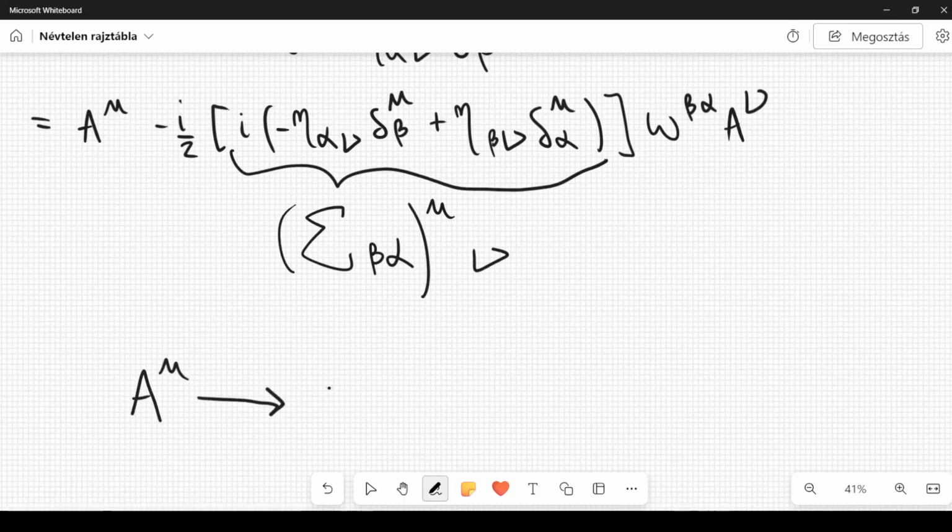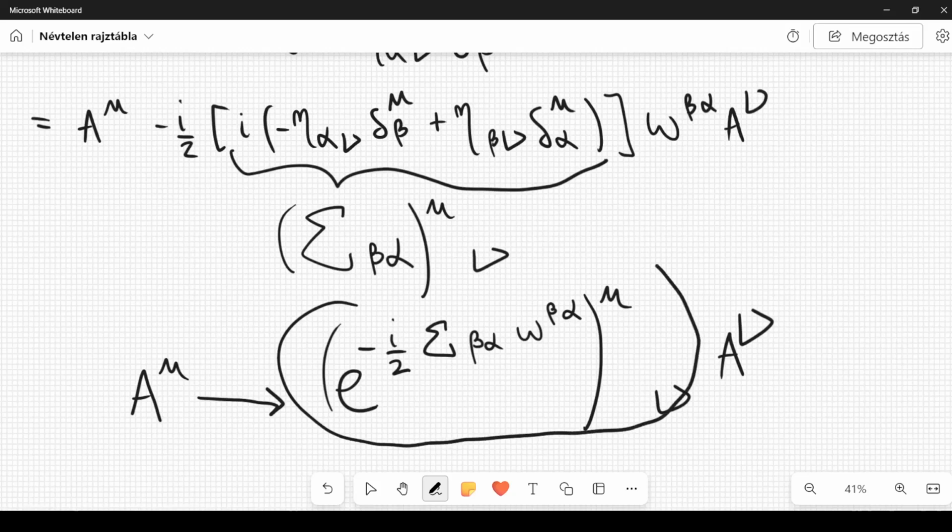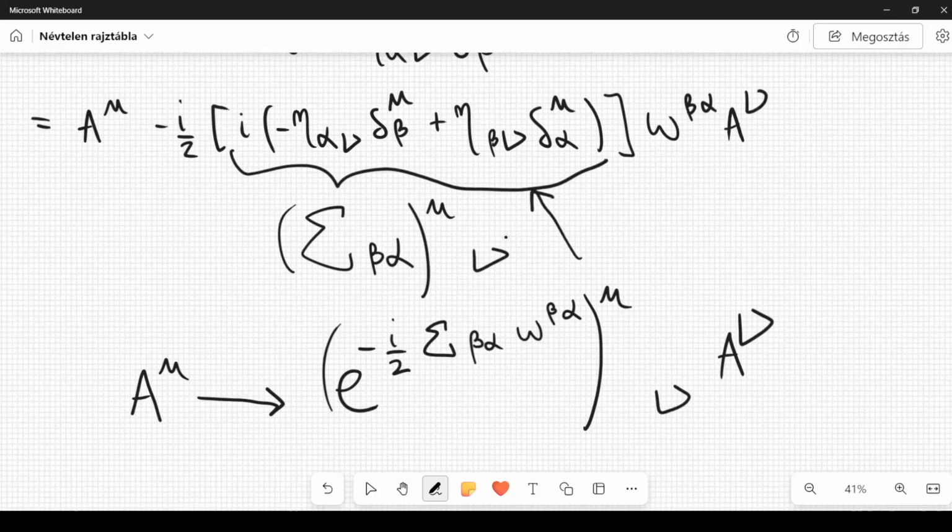A mu would be an exponential e to the minus i over 2 sigma beta alpha omega beta alpha, and this object here will be a matrix mu nu, which depends on the two indices mu nu, and then we have A nu here. So if you expand this complex exponential, the first two terms will give you exactly that expression there, which is the infinitesimal part of the transformation, and the finite version of the transformation would be this one.